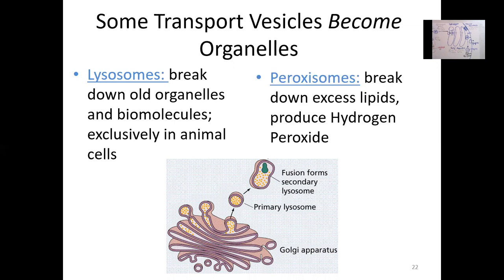Another type of vesicle from the Golgi apparatus that can become its own new organelle is a peroxisome. Perox sounds like hydrogen peroxide. That is where it gets its name. These peroxisomes specifically break down excess lipids in our cells. And as a byproduct, they produce hydrogen peroxide.